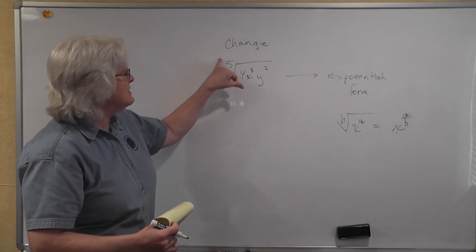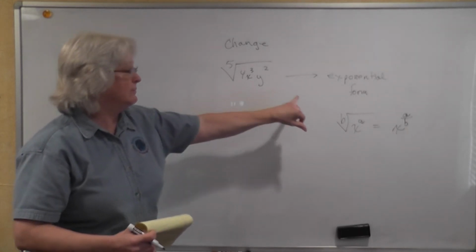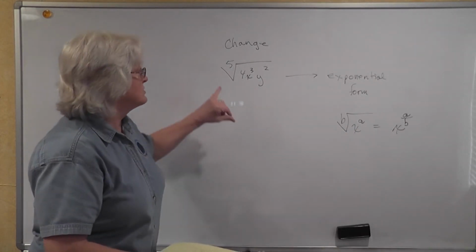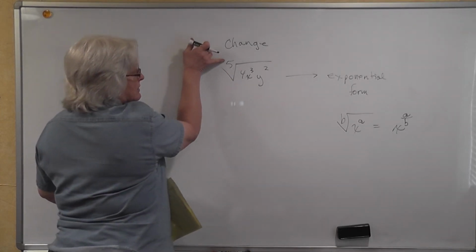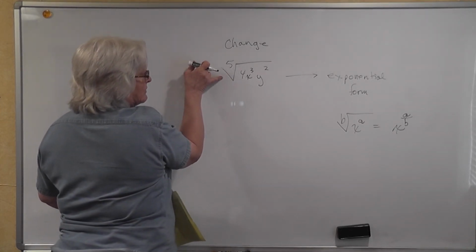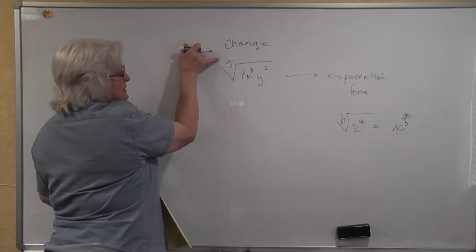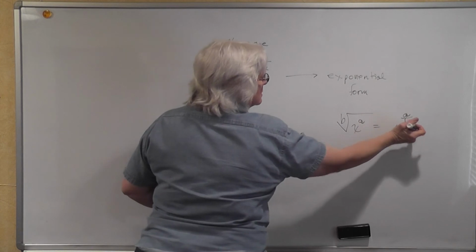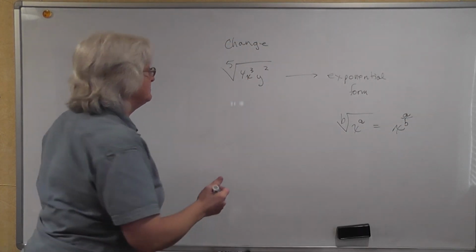We have the bth root, b is 5, x to the a. We're going to translate it. So what root are we taking? We're taking the 5th root. The index comes before the radical. The index is before the radical and at the bottom of the exponent.